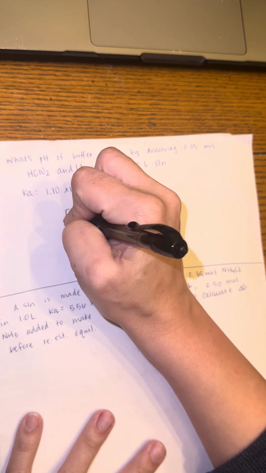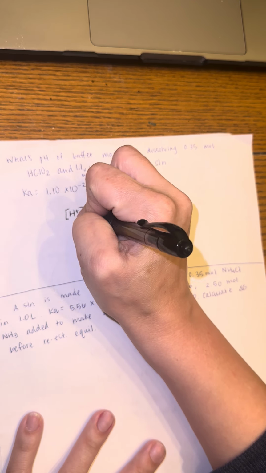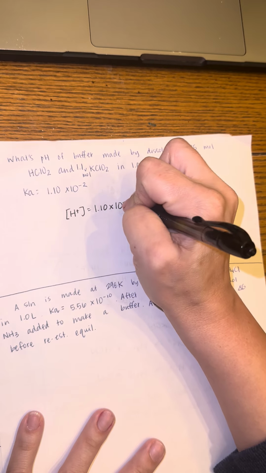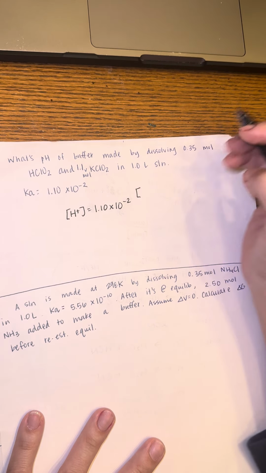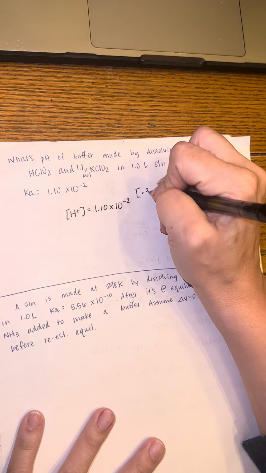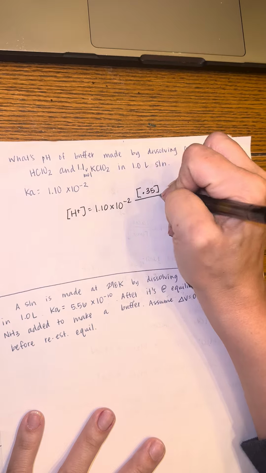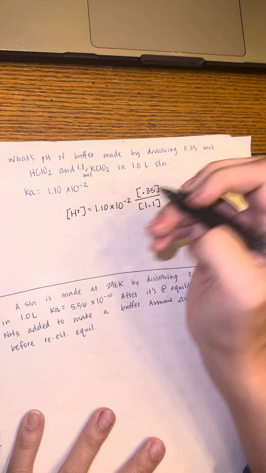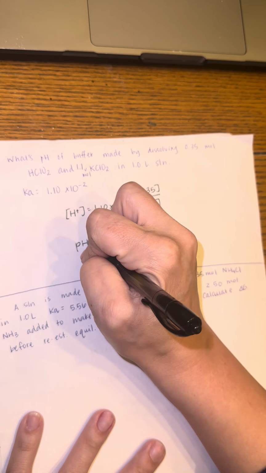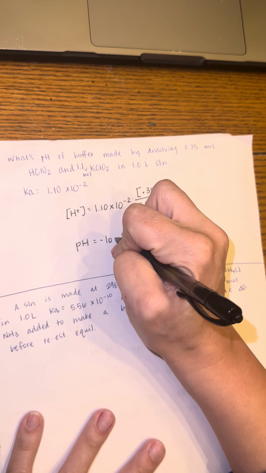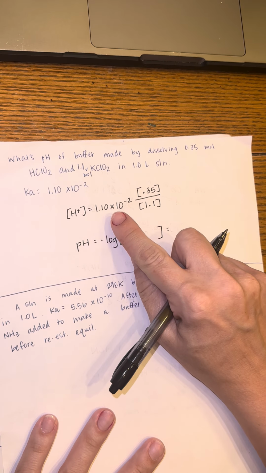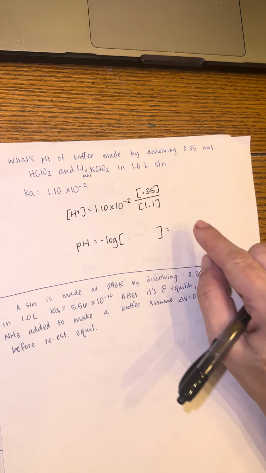So instead of an ice table, I'm going to do hydrogen concentration equals Ka times the acid molarity, the 0.35, over the base molarity, 1.1. And once I get that hydrogen concentration, I'm going to take the negative log of it.